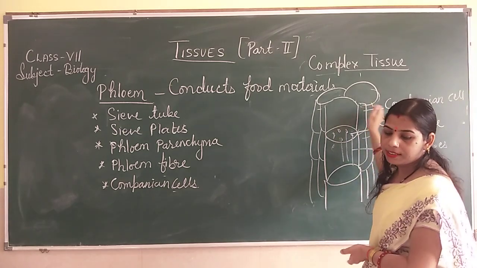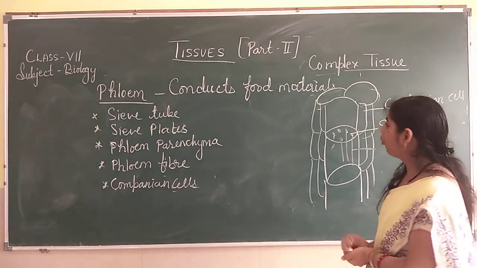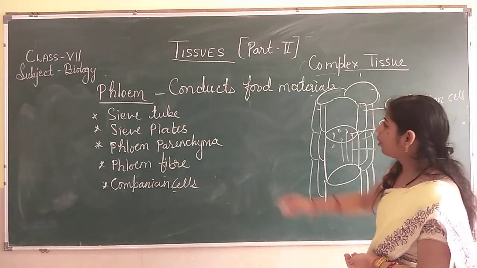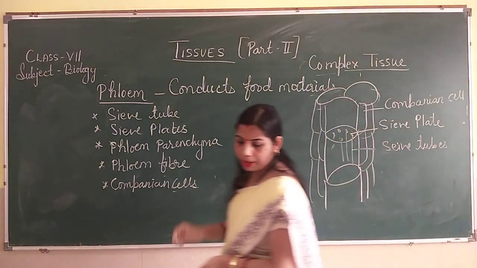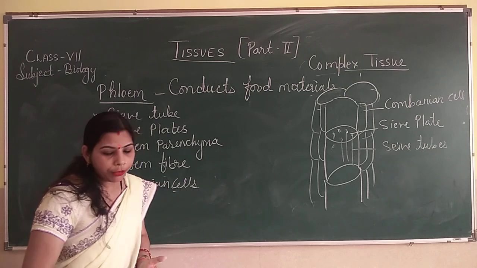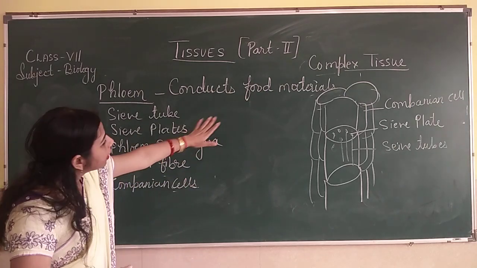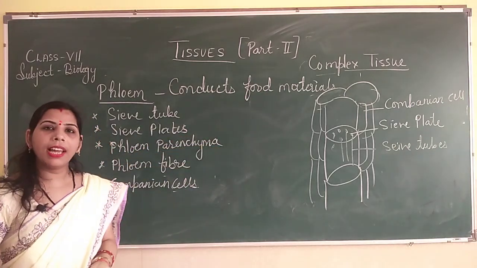Okay, so this is the rough structure of the phloem. Now, what is the function of phloem? I have written over here, it conducts the food materials within the plant.